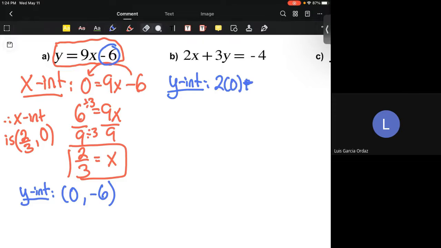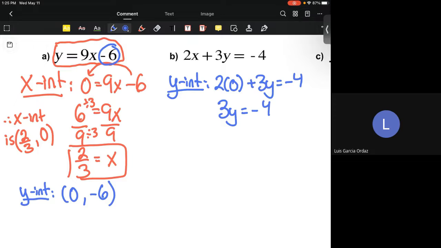So I'm going to get 2 times 0 plus 3y is equal to negative 4. I know that anything multiplied by 0 is just 0. So I'm left with 3y is equal to negative 4. How do I get rid of that 3 in front of the y? Kareem. Divide by what?